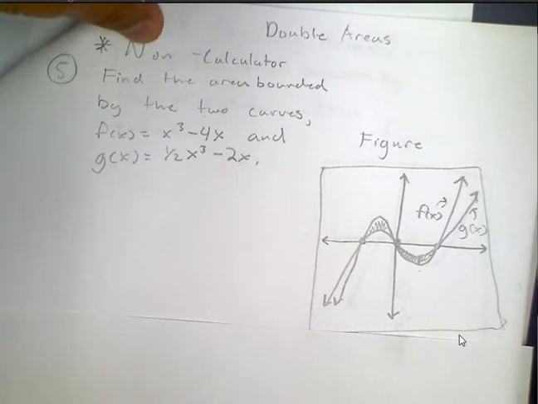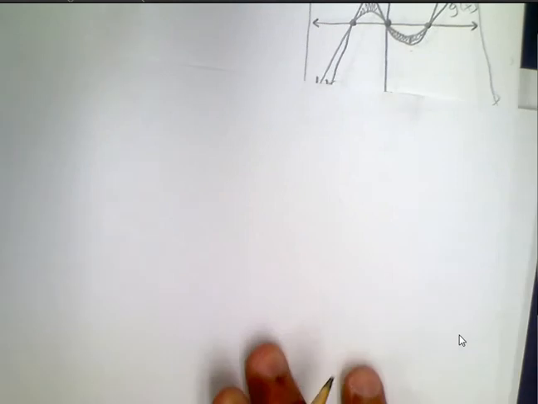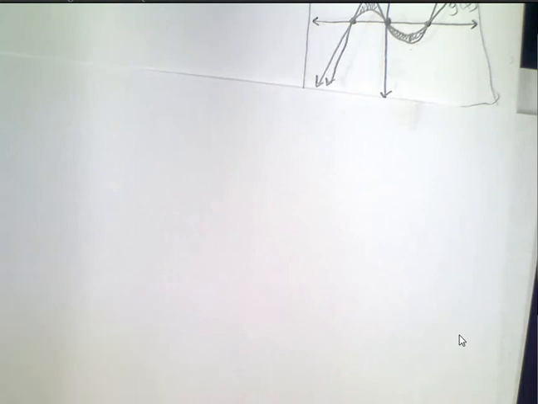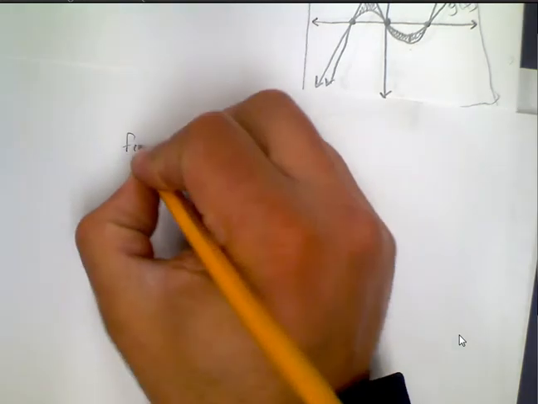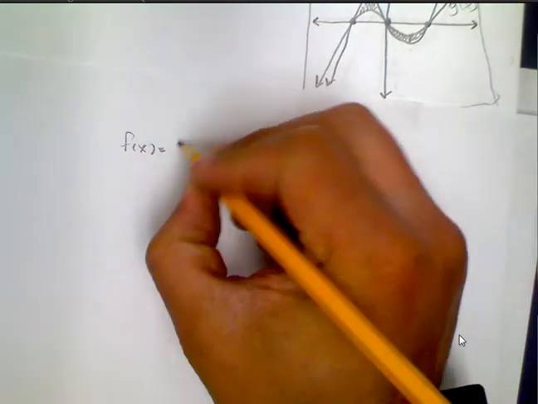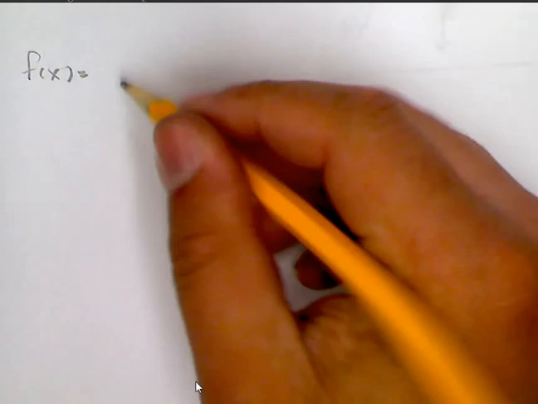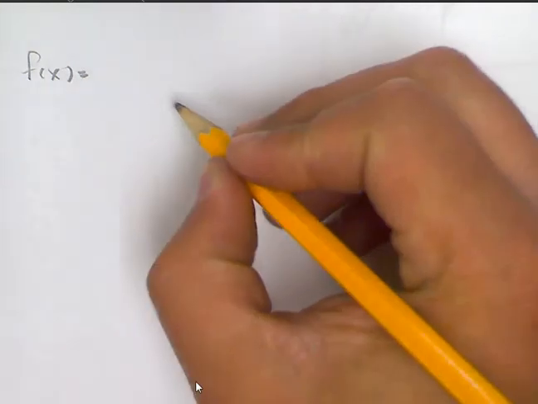So let me do my own example here, and my example is f of x equals, let's go ahead and zoom in here. Alright, so f of x equals x cubed minus 5x squared plus 6x.